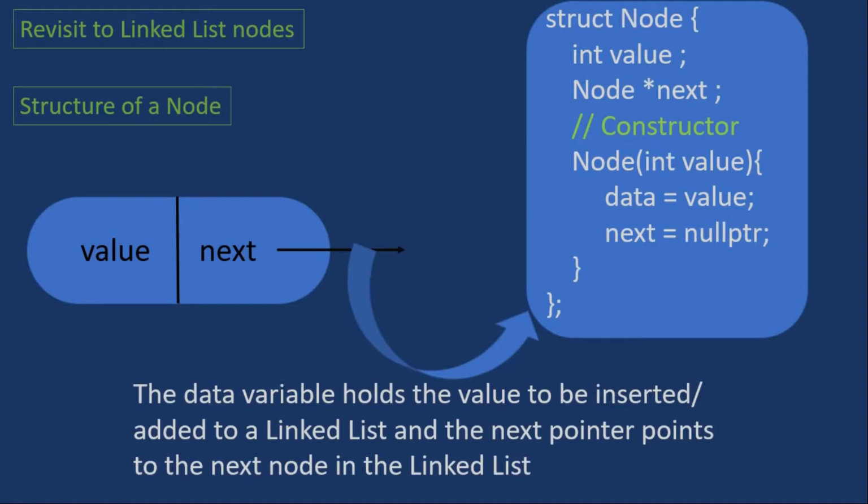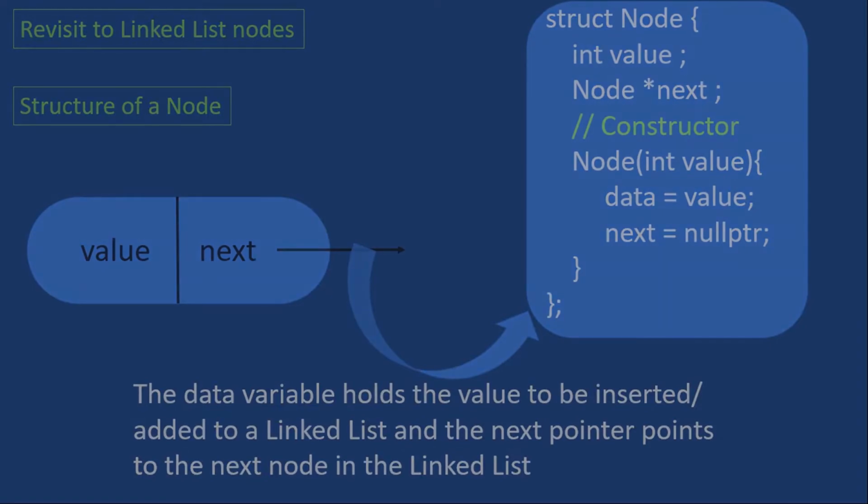The constructor takes in an integer value, which will be the data we want to store, and it will set the data variable we declare. And finally set the next node pointer to null, as it is pointing to nothing for now. And that's it for the revision. For more on the introduction, you can watch the intro video.